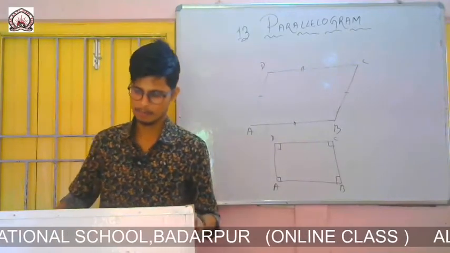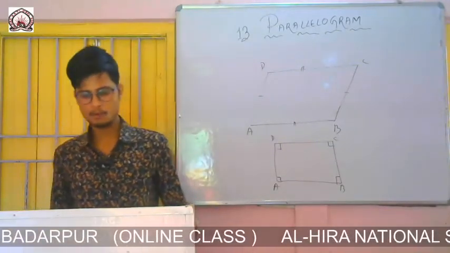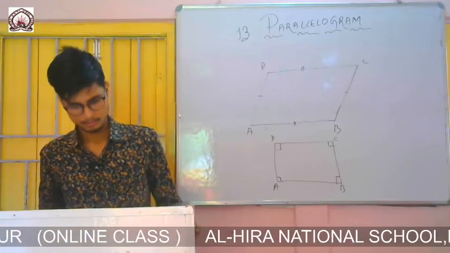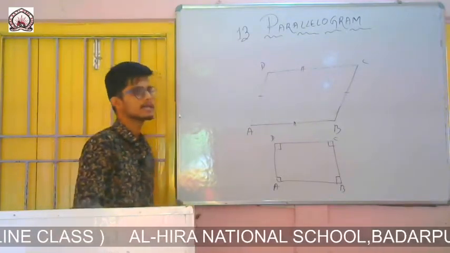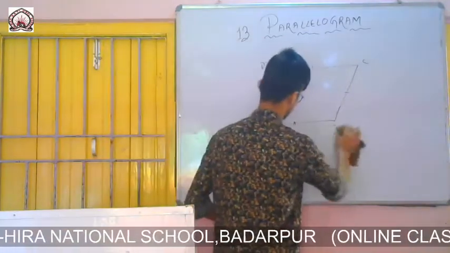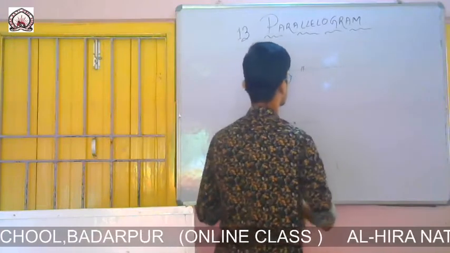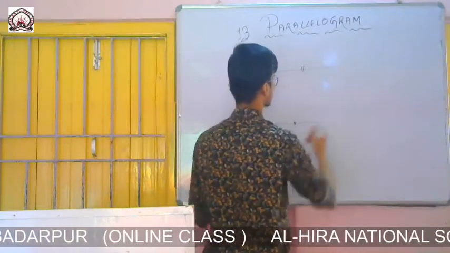Then comes the rhombus. It is also a parallelogram whose all four sides are equal.